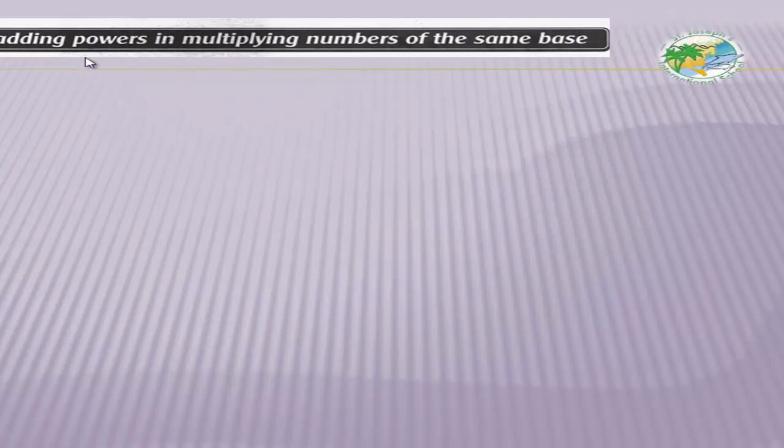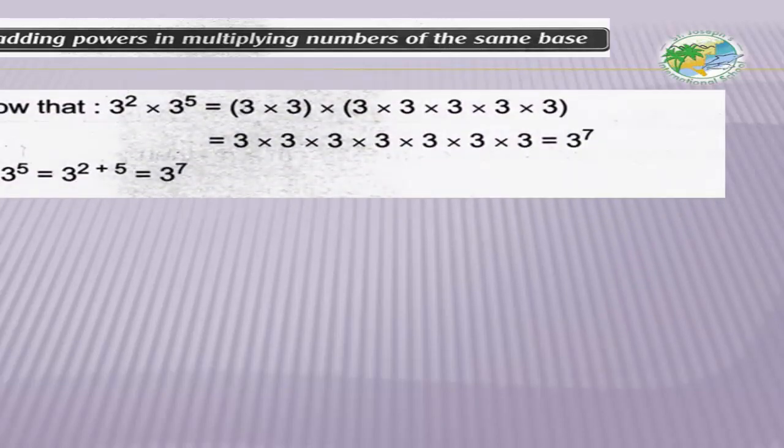The rule of adding powers in multiplying numbers of the same base. It's a very important rule. If we have 3 power 2 times 3 power 5, what is the meaning of 3 power 2? 3 times 3. 3 power 5 is 3 times 3 times 3 times 3 times 3.